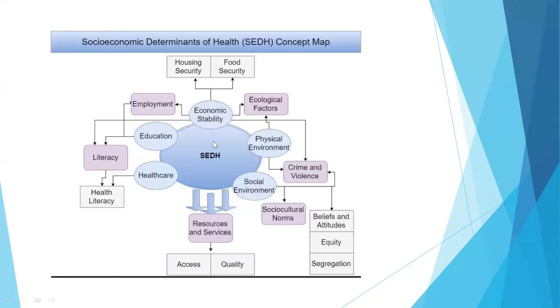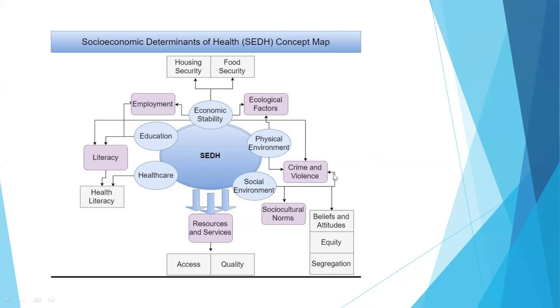Now, for the socioeconomic determinants of health concept map, we can see that there are multiple factors that play a role in the health of the population or in the health of an individual or a family. These may be education, healthcare, social environment, the physical environment, and the economic stability of the patient. Economic stability means employment and other factors, housing security and food security.